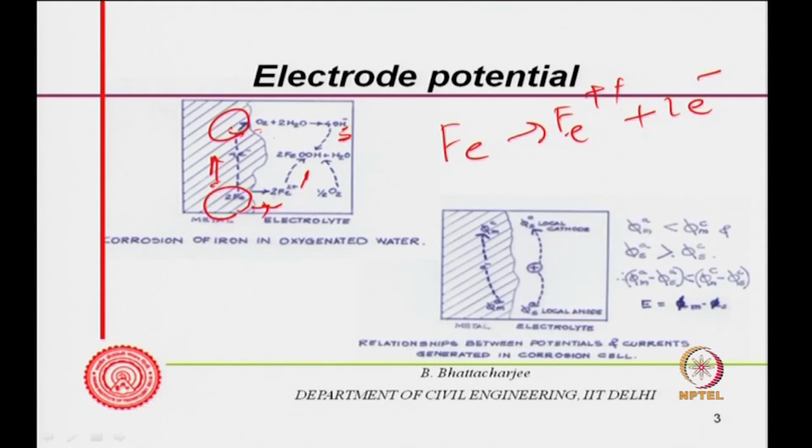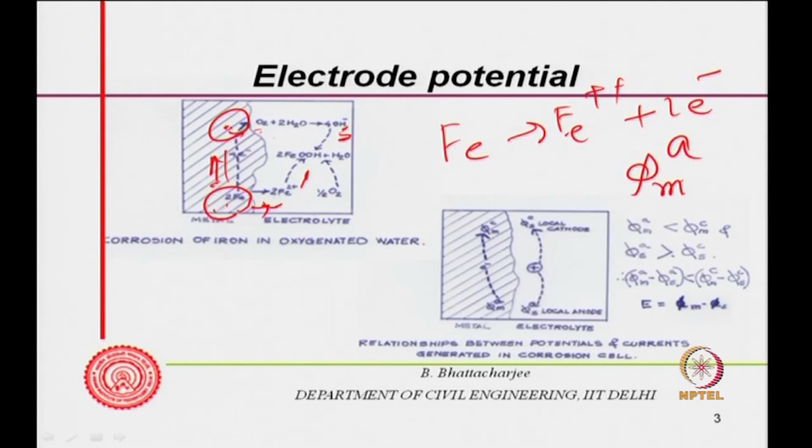Now, since the electron is moving along this direction, and we talked about there is a double layer, there is a potential at the metal and a potential at the electrolyte. There are two potentials we talked about. Let us denote them by phi. So, phi m a is the potential in the metal at the anode, and phi m a must be less than phi m c.